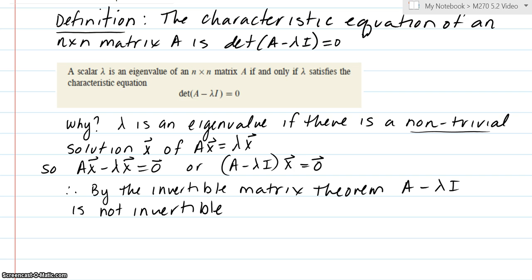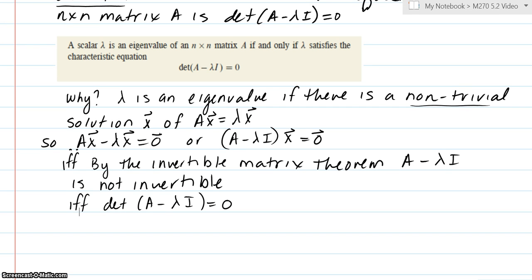And if you remember from determinants, we know that when a matrix is invertible, the determinant is not equal to 0. So therefore, if it's not invertible, it must be equal to 0. And by the way, we could actually change these to if and only ifs. The invertible matrix theorem was all if and only if statements, so it does work.